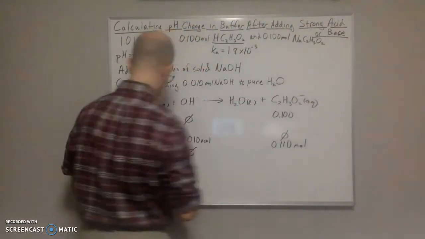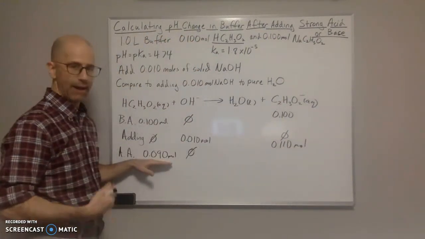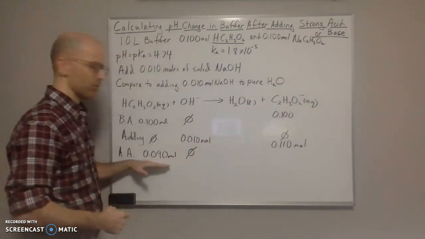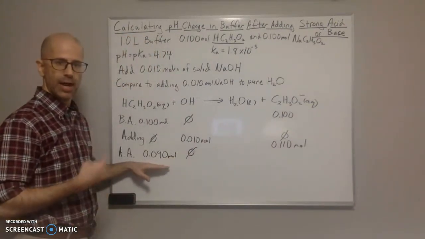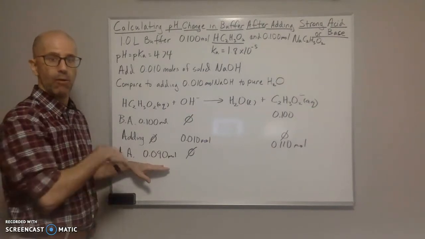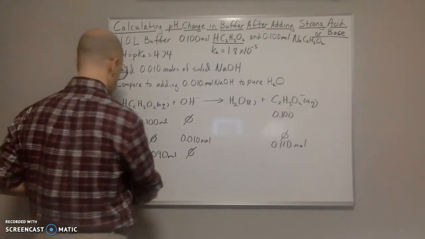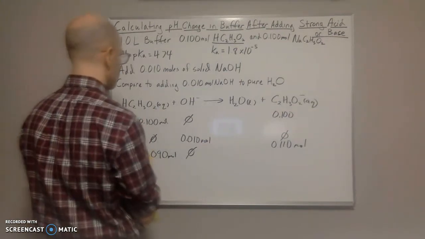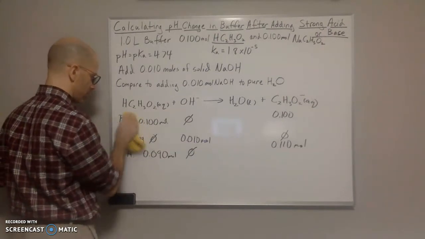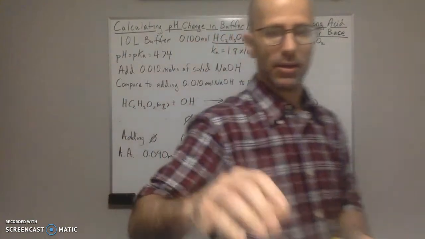So now we have our initial amounts of our acid and its conjugate base after adding the base. Now we can use this to do our ICE chart. So let me go ahead and erase this. I'll be right back.